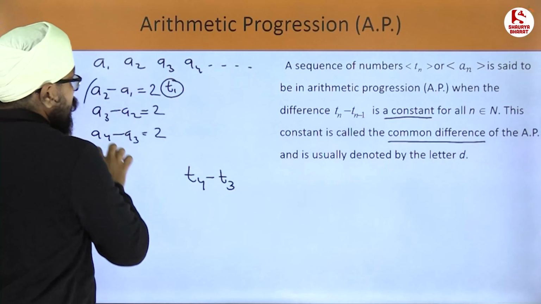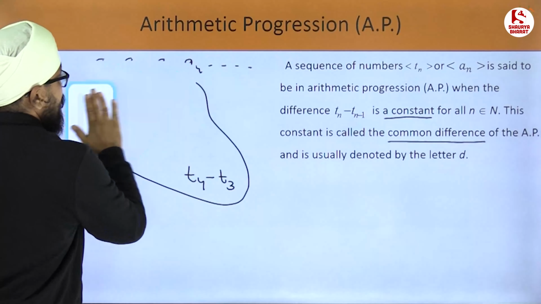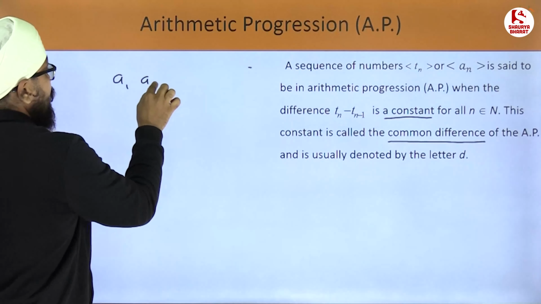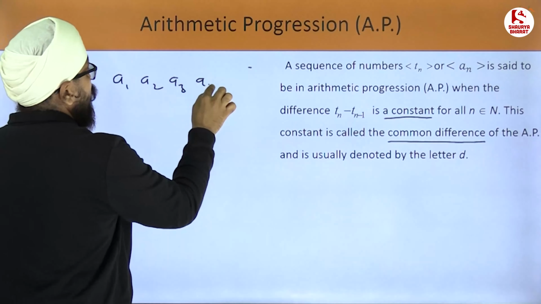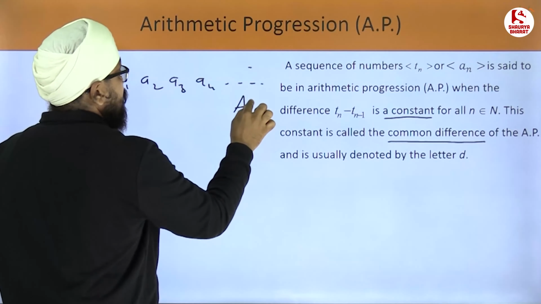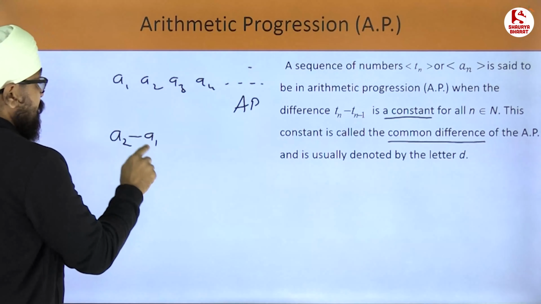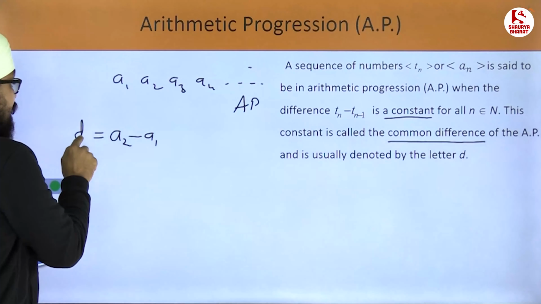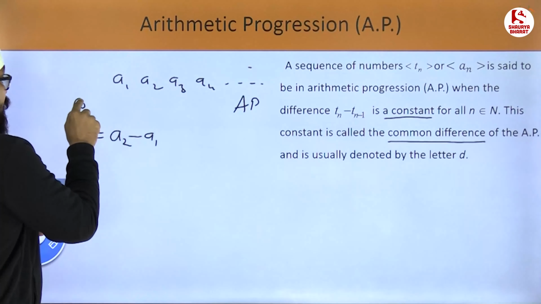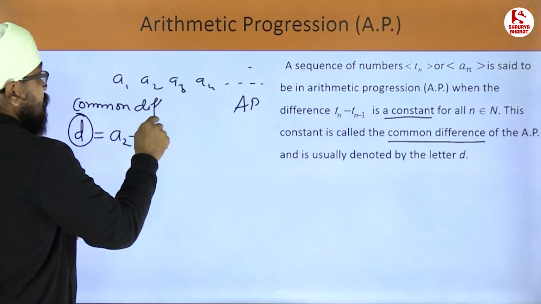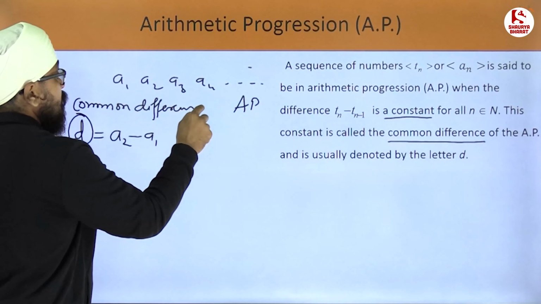So, if I conclude this, if we write it as A1, A2, A3, A4, and it is an AP, then the difference, that is A2 minus A1, will be known as D, which is called the common difference. Clear?